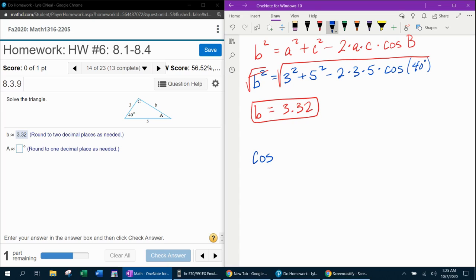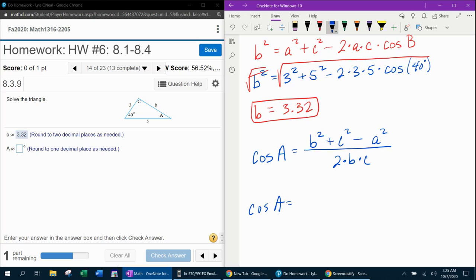So we're looking for angle A, and the formula for angle A using the law of cosines says b squared plus c squared minus a squared all over 2 times b times c. And now we just need to plug and play. So what is little b?